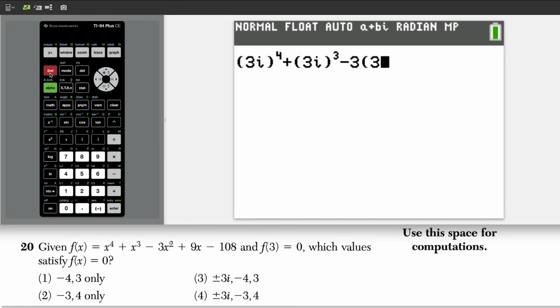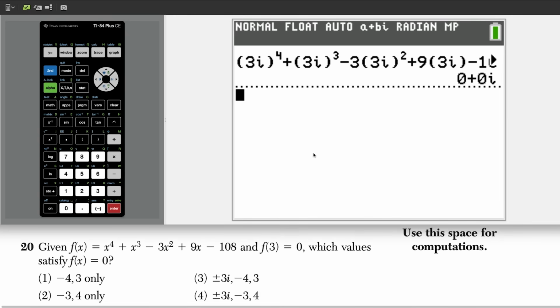So I have 3, and then I squared like this, and then plus 9 times 3i, in parentheses here, and then minus 108. And let's see what we get. So we press enter, and we get 0 plus 0i, which tells us that 3i is in fact a root. So just plugging into the calculator, we could see that choice 3 is our answer.